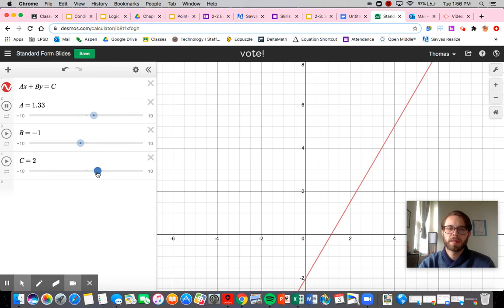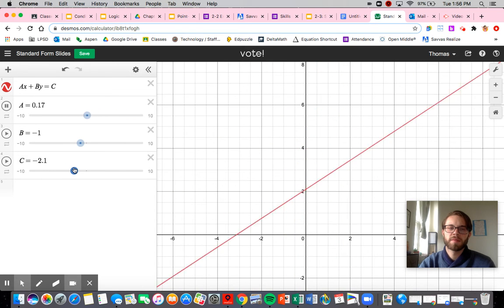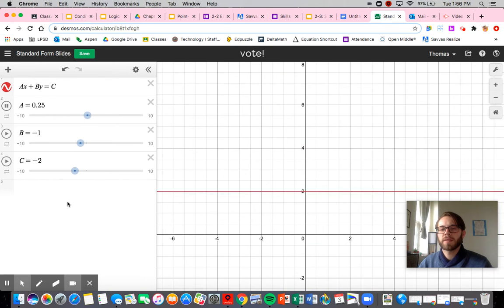All right, and I'm actually going to see if I can shift that up a little bit so you can see it a little bit better. So I've made this a -2, so you can see it a little bit better. See, it doesn't get vertical, but it does get horizontal now.